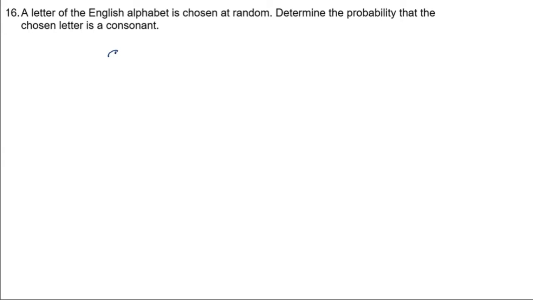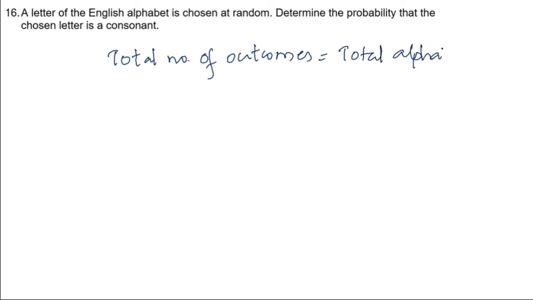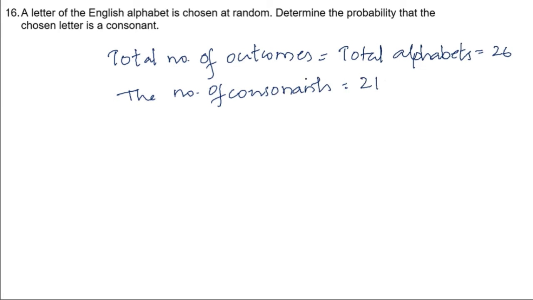So the total number of outcomes will be equal to the total alphabets, which is 26. In that, the number of consonants are 21.